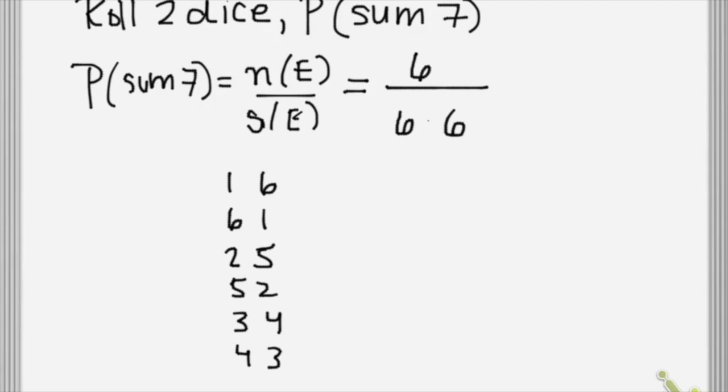So that's a 6 in the numerator, and I get a 1 in 6 chance of rolling a sum of 7 with 2 dice. A couple of things to note in this problem are, 1, we used a counting principle, and this is very common in probability problems to use counting. And the other thing is that we listed out all of the possibilities, and this is another common thing that you will do in counting problems.